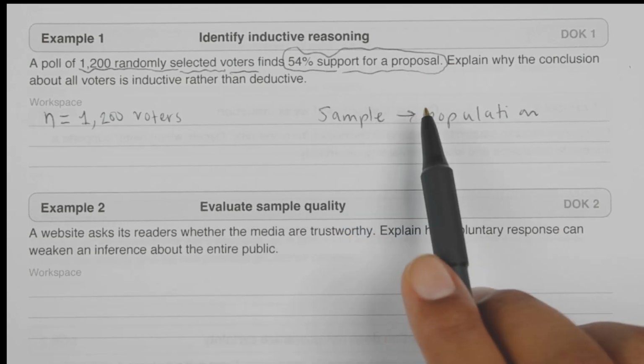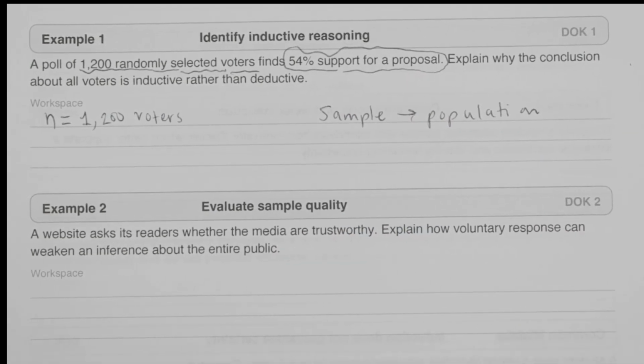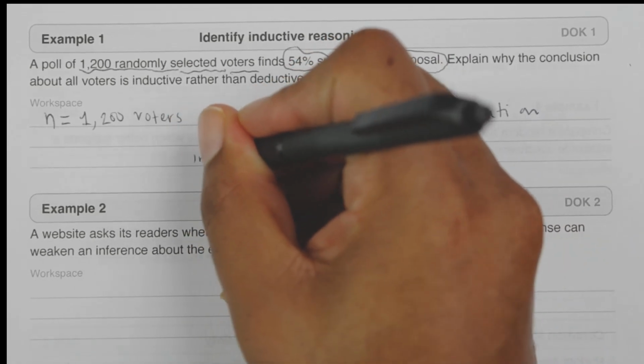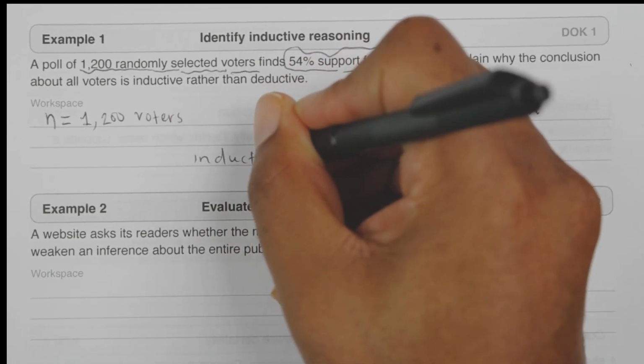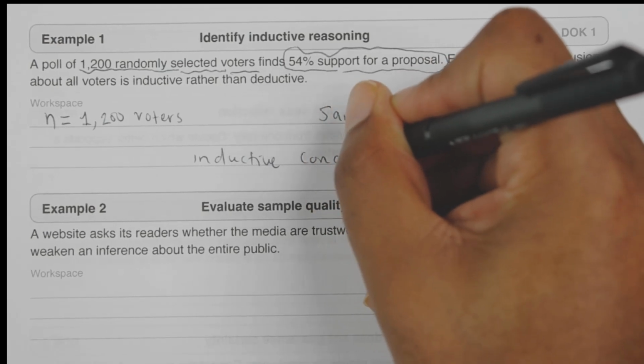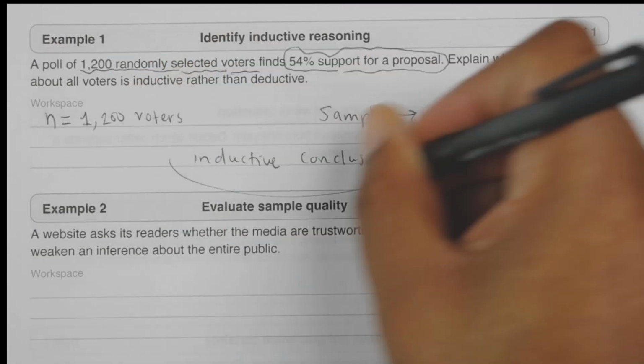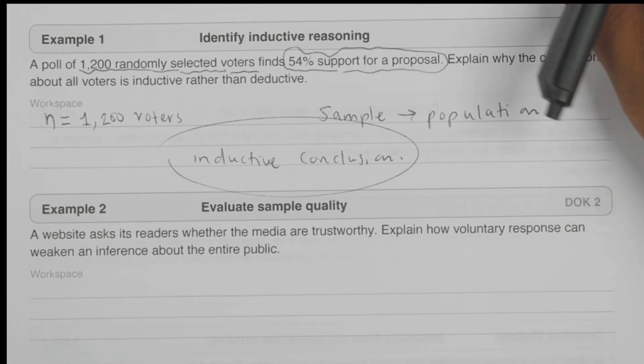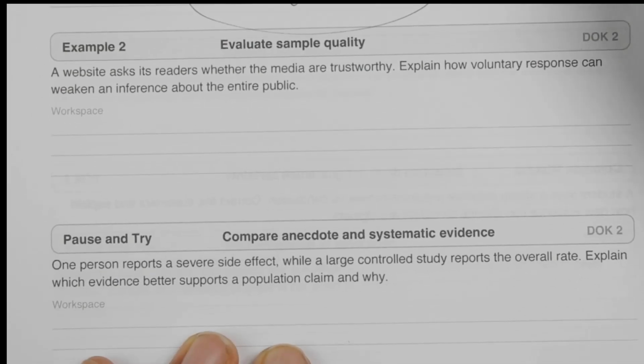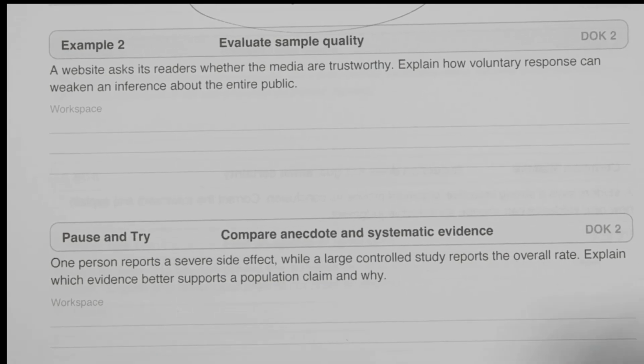So this is called an inductive conclusion.